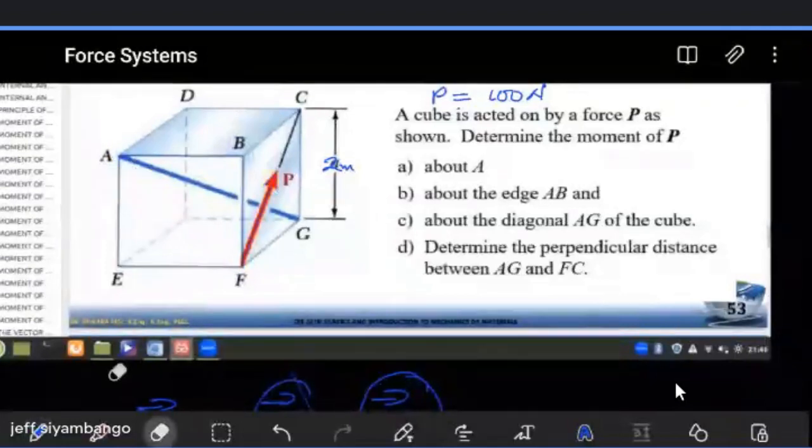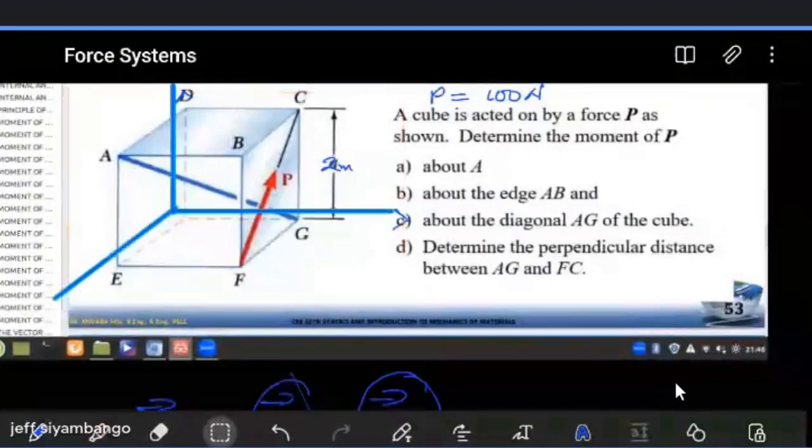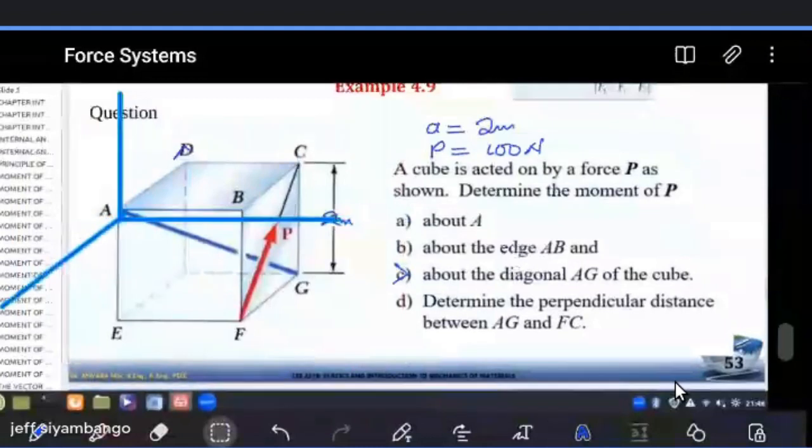So let's say our X will run something like this. Our Z will run vertical. And then our Y will run like this. Now, with the method that I like using a lot, I always shift this so that it comes at my starting point.